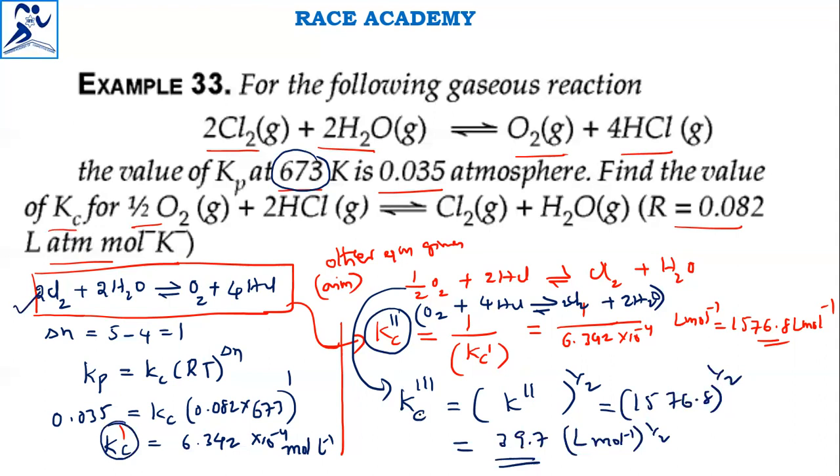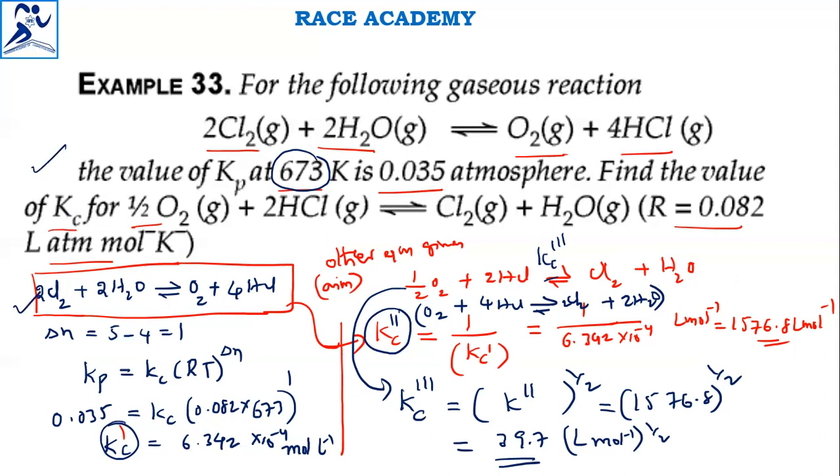So what is Kc triple dash? Kc triple dash is nothing but the aim equation constant. So the value of the Kc asked in the question I am considering as Kc triple dash. Okay. So this is the answer for this question.